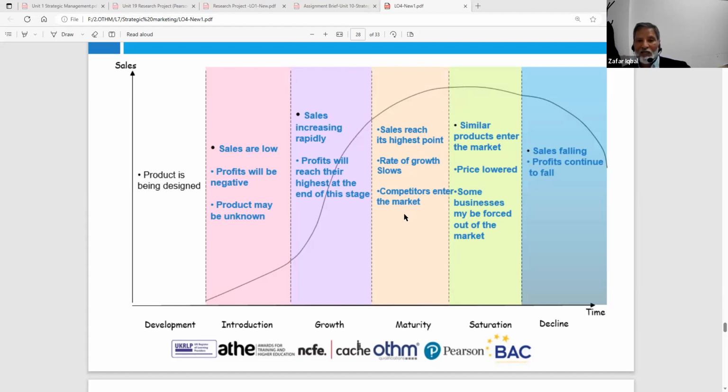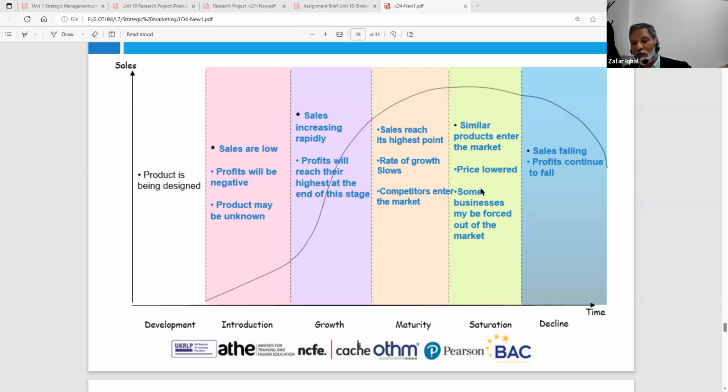After the product has saturated, it starts to decline a little bit because other businesses have entered the market and competed with your product. So your sales have been shared out with the competitors.